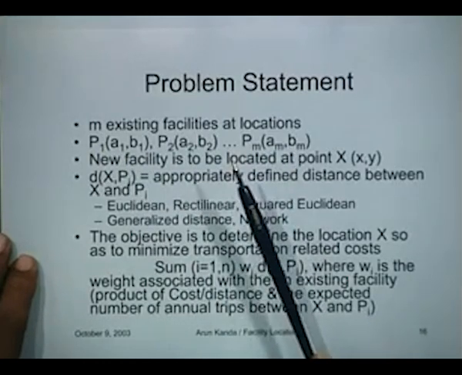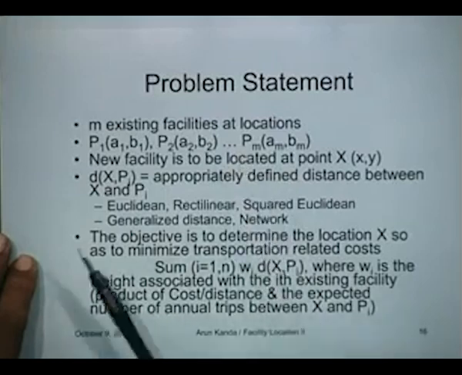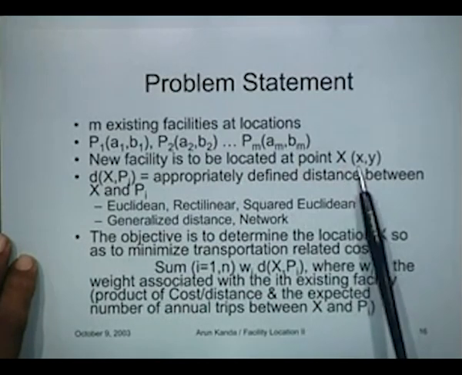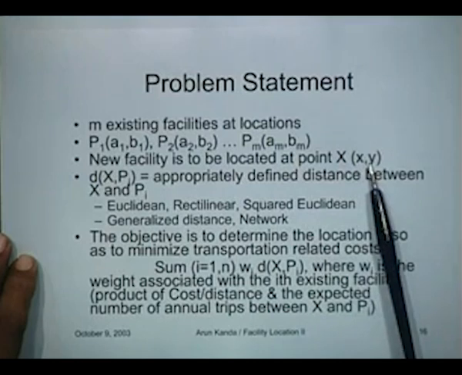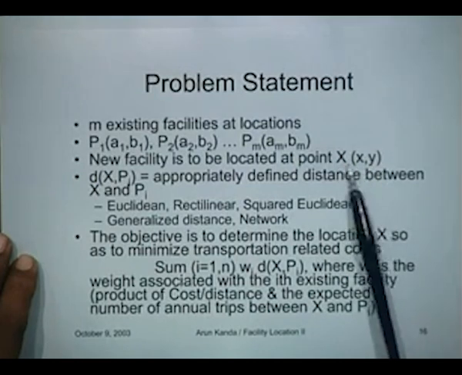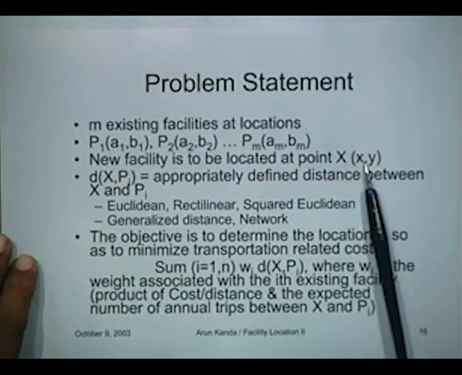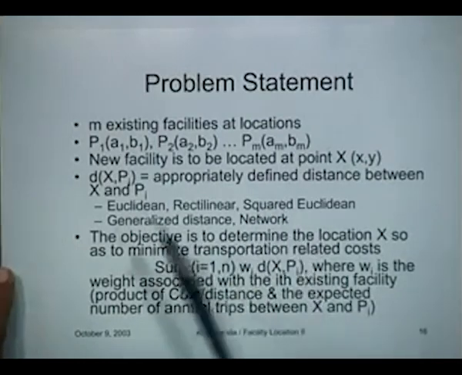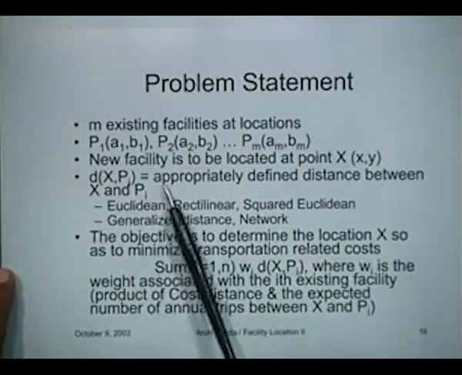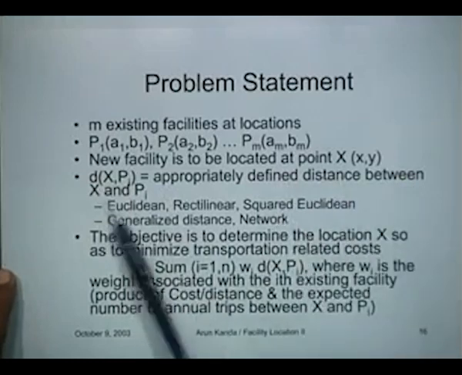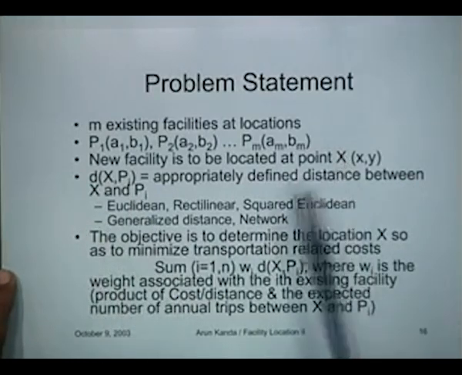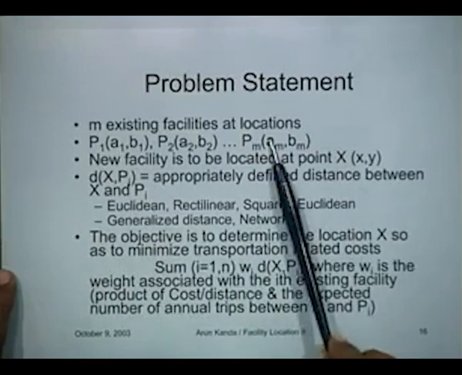So we know the locations of the m existing facilities, and the new facility is to be located at some point x, which is (x, y). We want to determine where the new facility should be located. The other existing facilities are fixed, that's the assumption, and d(x, Pi) is an appropriately defined distance between x and Pi. X is the new facility you want to locate, Pi is one of the existing facilities.